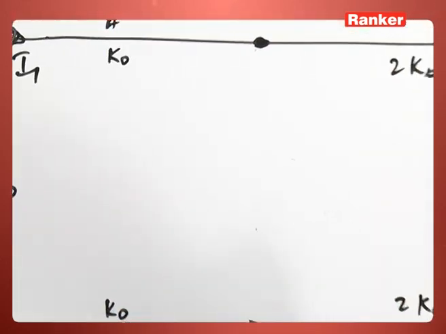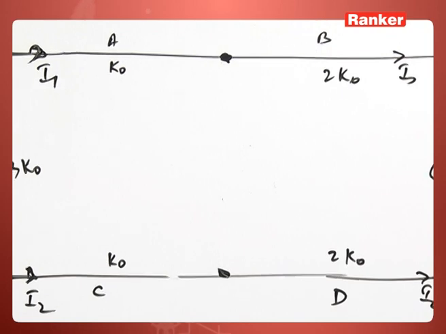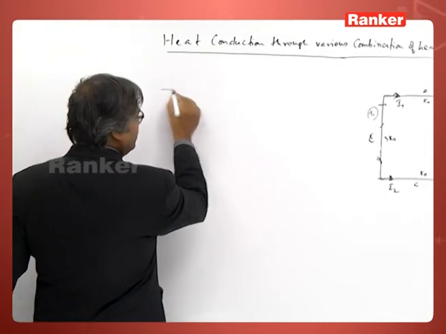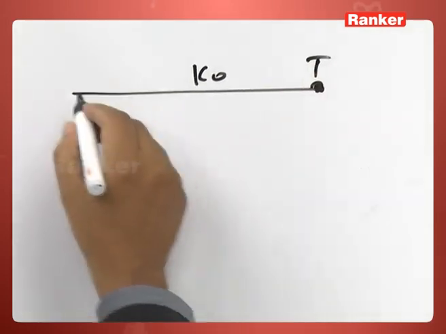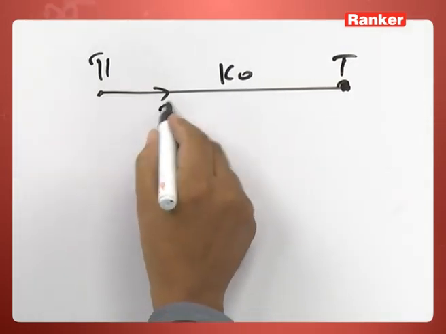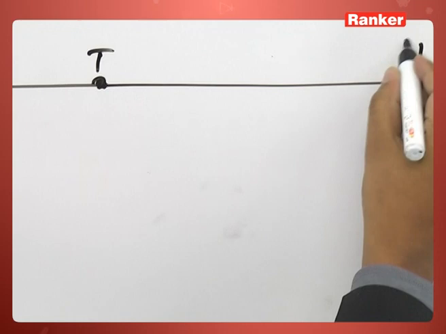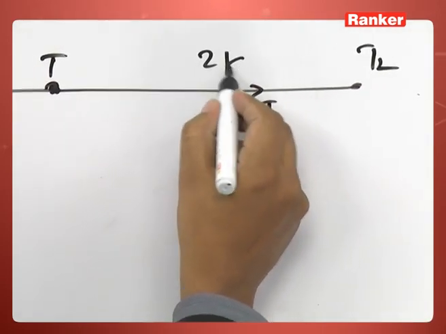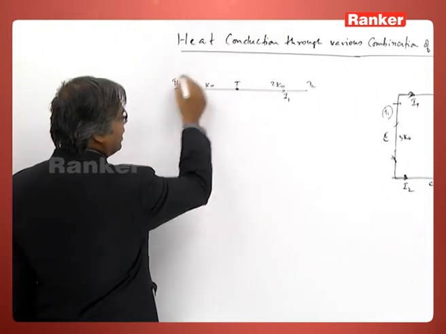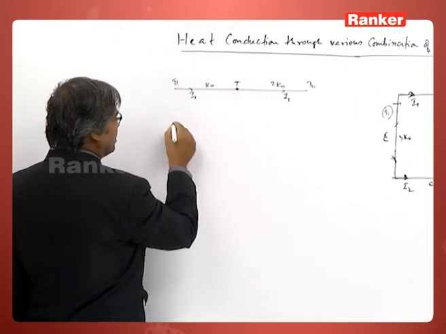Let us see what is the temperature of this. This is K naught, and this temperature is T, this is T1, heat current I1 flows, this is T2, heat current I1 flows, and this is 2 K naught. Let us see the heat equation here.